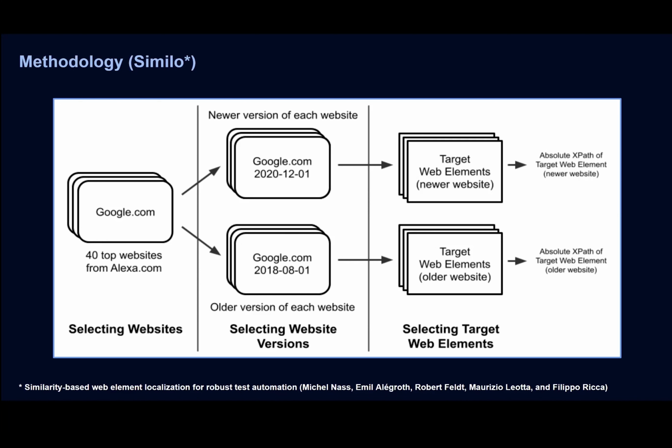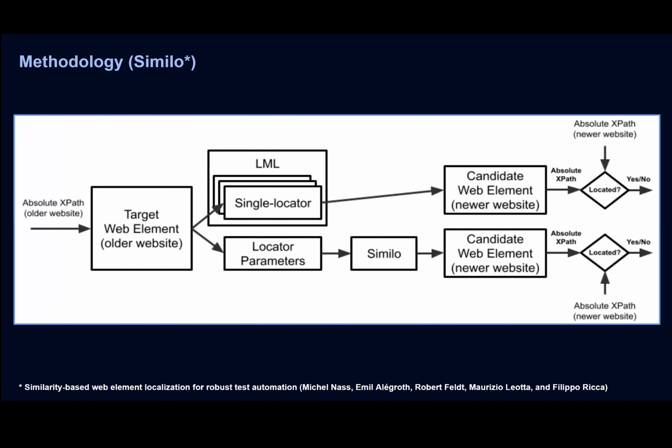And then we picked out the target web elements in both versions, and picked out the absolute XPath to it, since that is like a unique identifier. The one in the newer version is used as an Oracle, and the other one is used to pick out the properties. And this is the part where we fetch the properties and also locate it to see if it works.